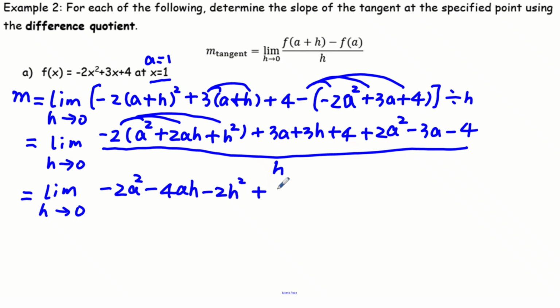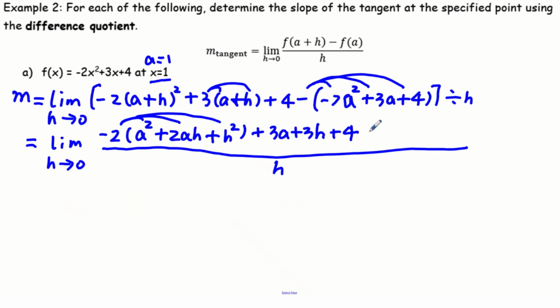Then plus 3a plus 3h plus 4 minus, so minus -2a squared plus 3a plus 4, we expand it.